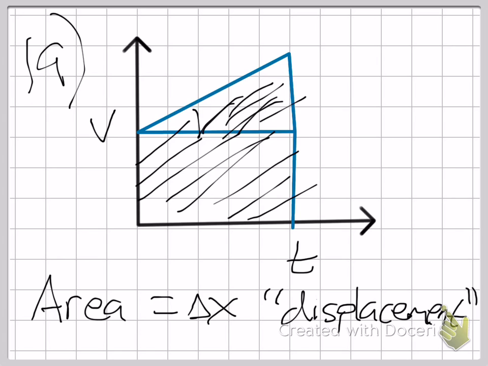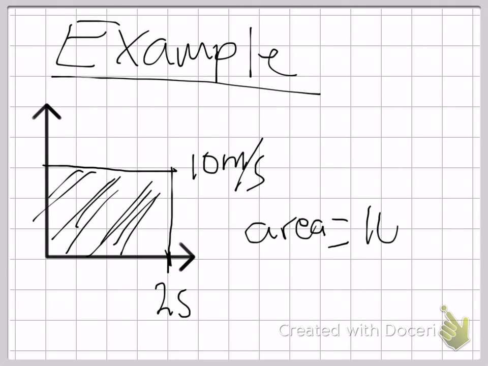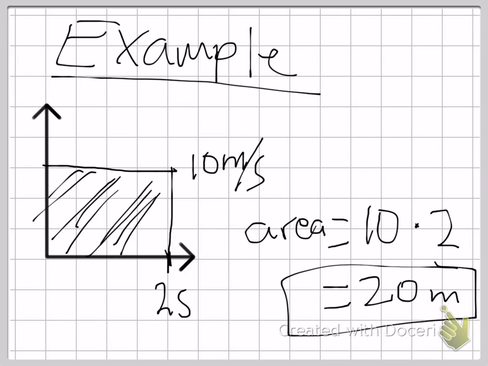And here is one example that you may have remembered from the test that we just did. Let's make a square and make it easy. If our velocity here was 10 meters per second and it traveled for 2 whole seconds, then the math to find out its displacement is simple. It is 10 times 2, which is 20.